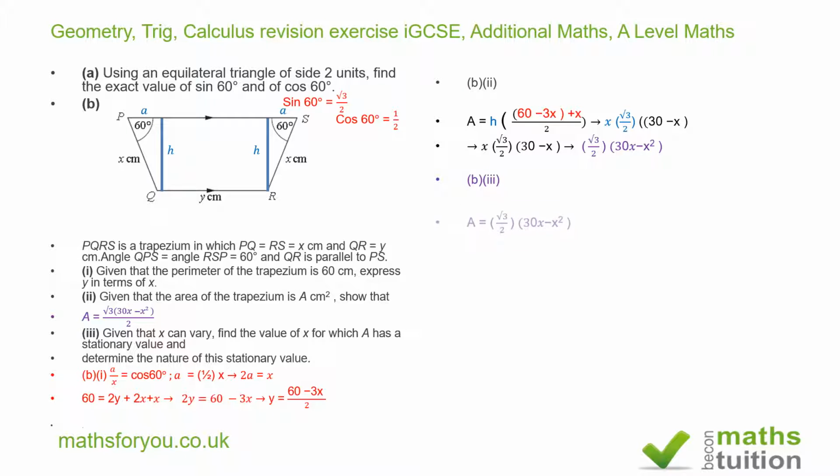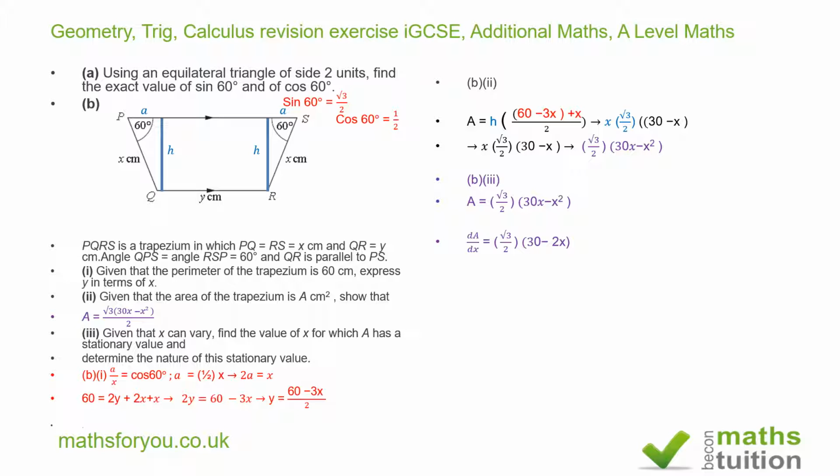And to do that, if we say that A is equal to root 3 over 2 multiplied by 30x minus x squared, if we then differentiate A with respect to x, we have that. Now at the turning point, we're going to equate this to 0.